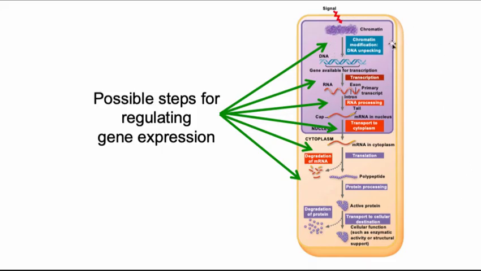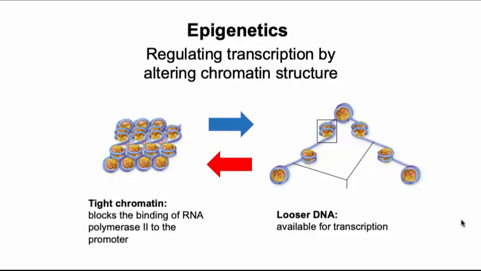So they can start from changing the structure of the chromatin or working as transcription factors to make transcription possible, changing the way the RNA is processed so the different introns or exons are added or removed, whether the RNA is going to be exported out of the nucleus, and how long it might be able to be translated for, or if it's going to be broken down, and how long the protein that it's produced is going to be active.